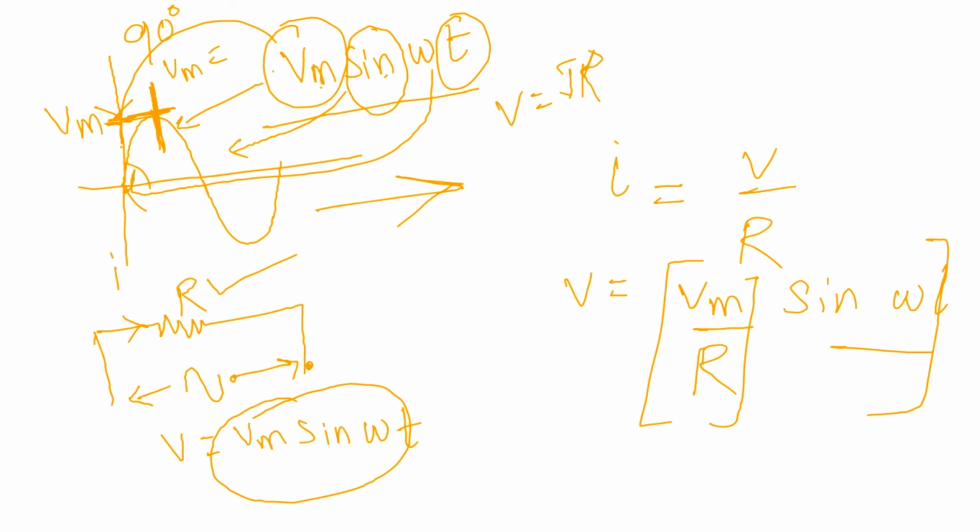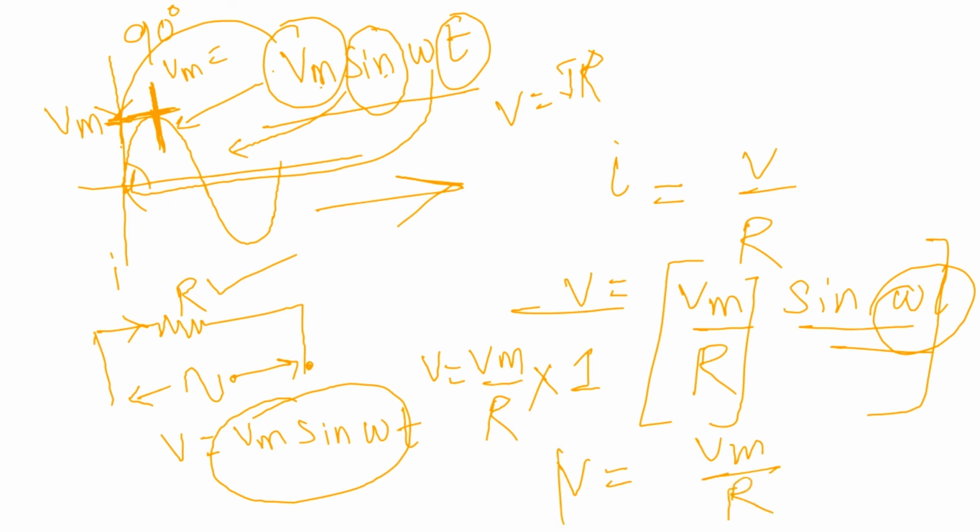So we can rearrange this equation: I is equal to Vm upon R into sine of omega t. Omega t is 90 degree at this point, maximum amplitude. So at the maximum amplitude, the value is Vm upon R into 1. So the maximum value is Vm upon R. Okay, in this manner, you can find out the values for this circuit.